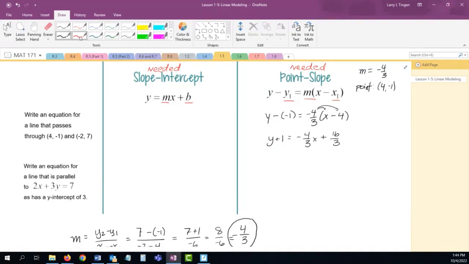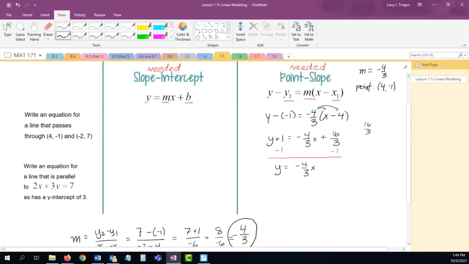And here's where this method kind of falls apart for me, or frustrates students: I need to get y by itself. So I need to subtract 1 from both sides. That 1 is similar to this 16/3, it just doesn't have the same denominator.